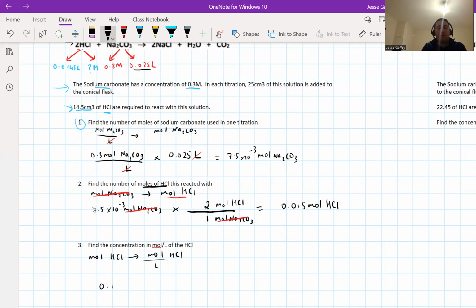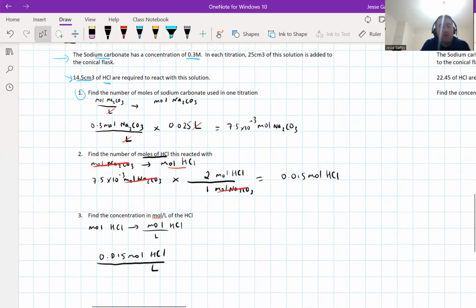Okay, so we have 0.015 moles of HCl per, we have it in a volume of liters, which is 0.0145. And of course my answer is going to be in moles per liter or molarity.